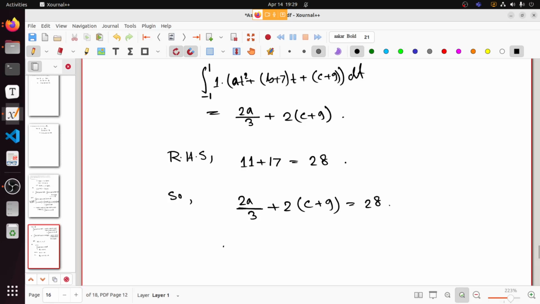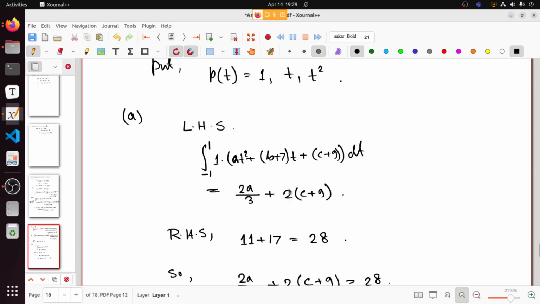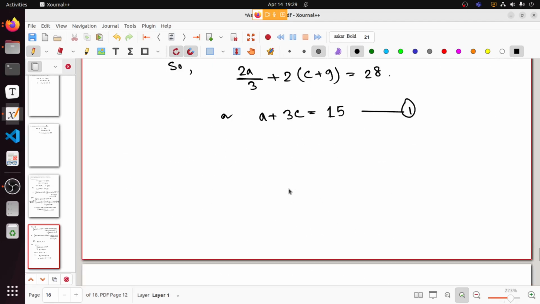So if you simplify, what will you get? You will get a plus 3c will be 15. So this is equation 1, we'll call it. Now let's put p(t) equals t.